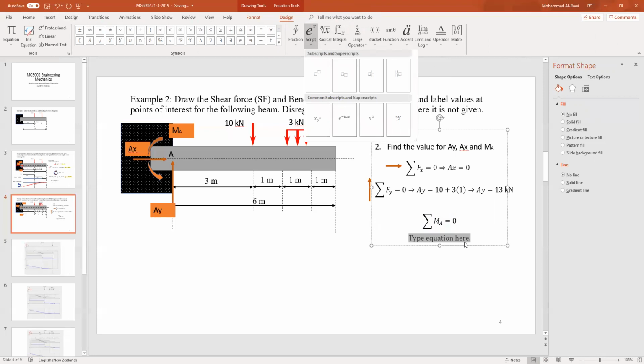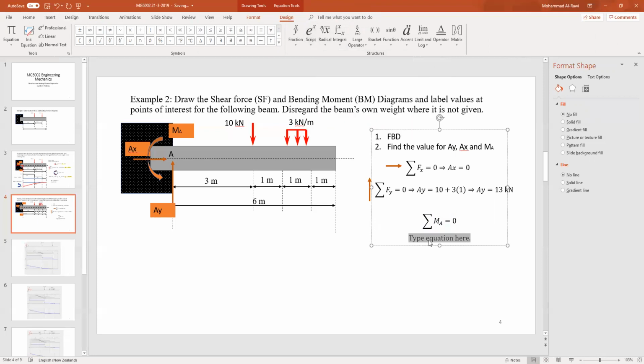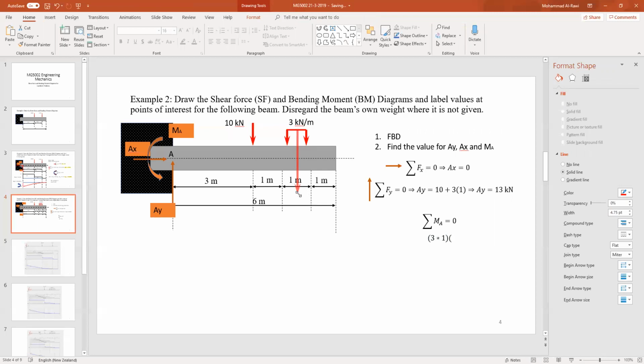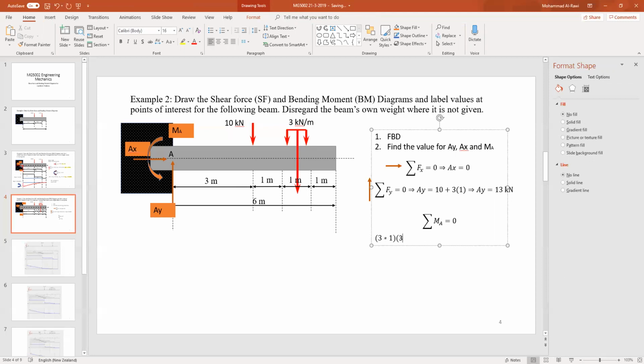We start from one end and go to the other end. The UDL acts in the middle. So it's 3 times 1 as a force, times the distance. The distance is 3 plus 1, that's 4, and half of that, since the UDL acts from its center. I'll write it as 3 plus 1 plus 0.5.